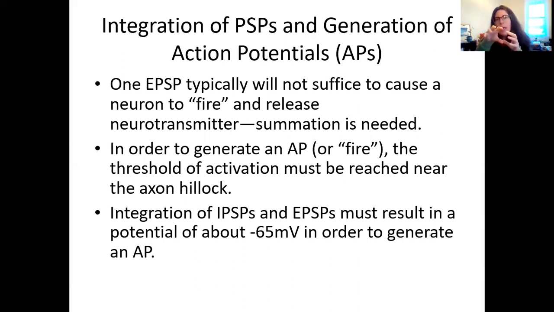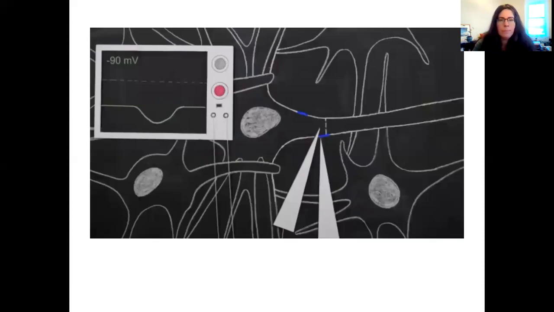Again, this cell is receiving inhibitory and excitatory messages. So combined, it still needs to reach negative 65 millivolts in order to generate an action potential. There's that threshold. Once it reaches that threshold, there's rapid depolarization and a message is sent down the axon.